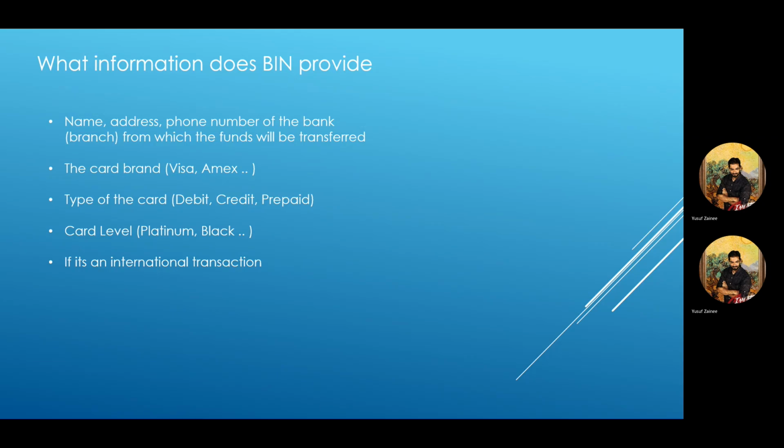And if you try to swipe this particular card in some other country, let's say you are in Sweden, the machine, from the bin of this card, will get to know that this card doesn't belong to Sweden. That is how it gets to know if it is an international transaction or a domestic transaction. So just this bin number gives so much information when the card is swiped.